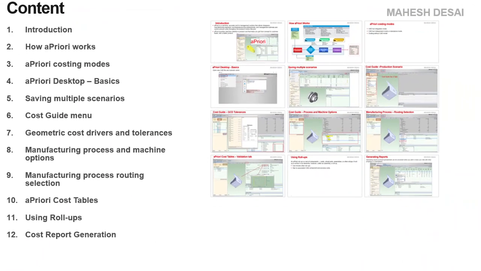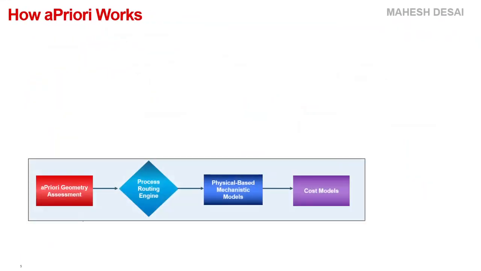So now we will see how aPriori works. Here I will explain the basic architecture. First, aPriori will assess the geometric cost drivers, or geometric features, and finally it will produce a cost model.